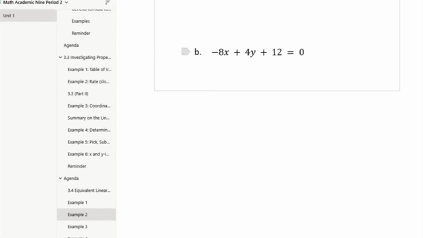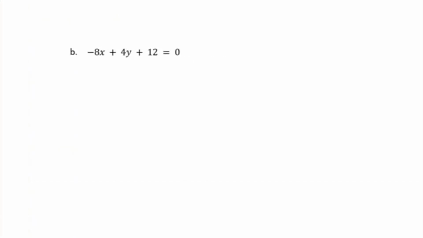And if you're doing this, it means that what you have to do in this case is to isolate 4y. So isolate 4y means that you're going to make this look like y equals mx plus b.